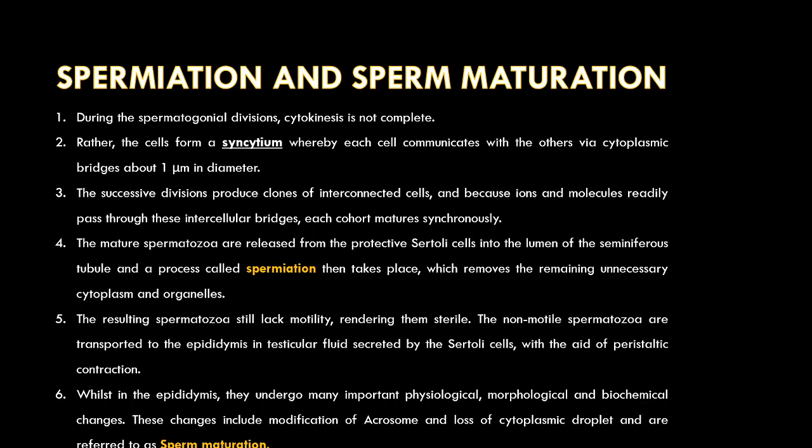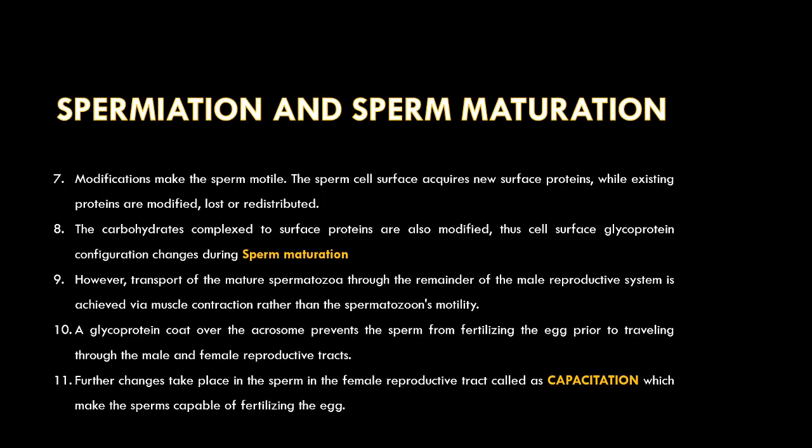This includes modification of the acrosome of the sperm and also the loss of the cytoplasm, and all these changes are called sperm maturation. So sperm maturation occurs in the epididymis. These modifications help to make the sperm motile.